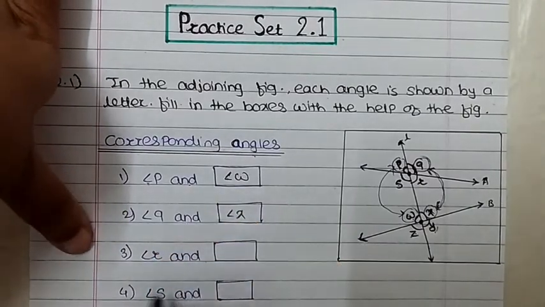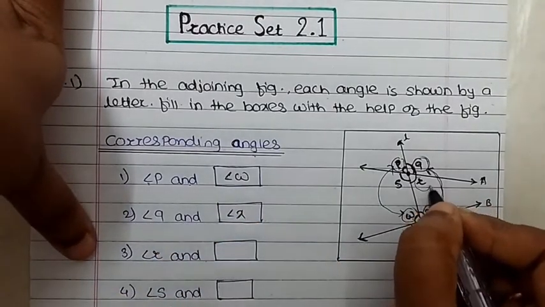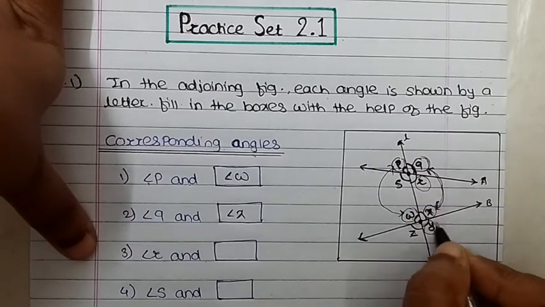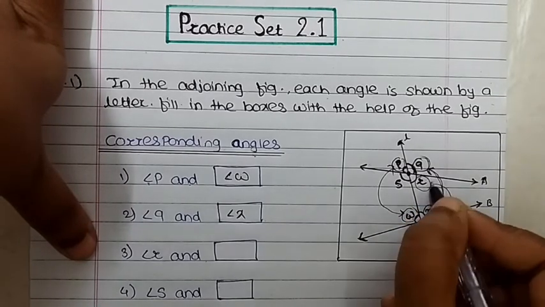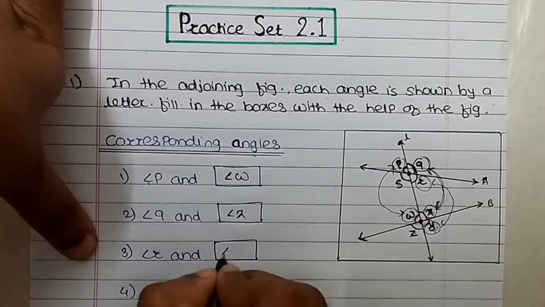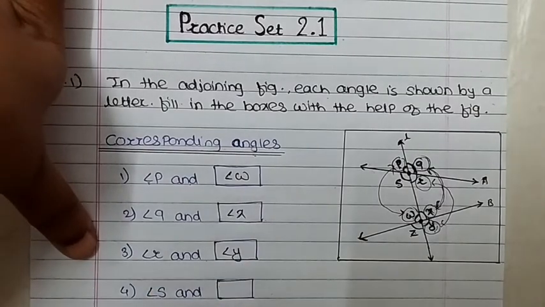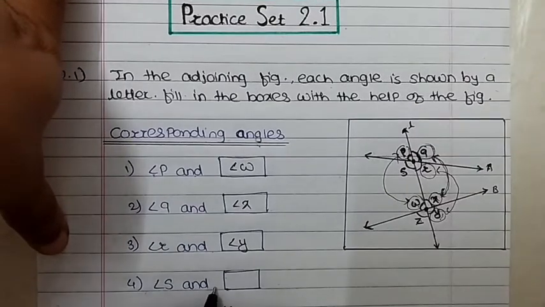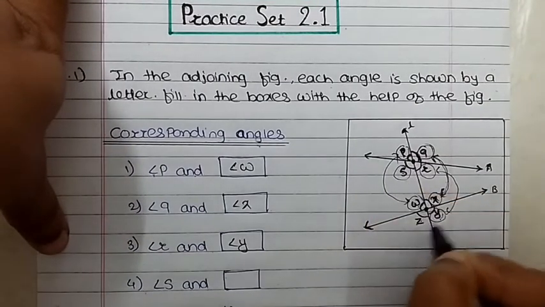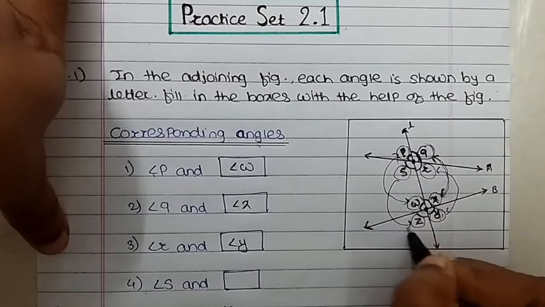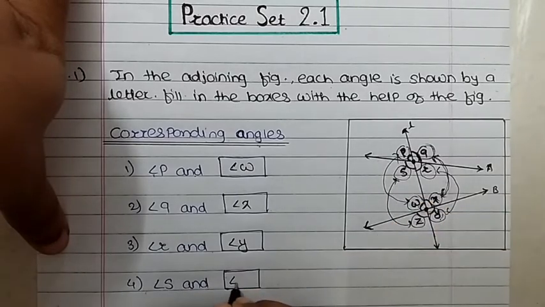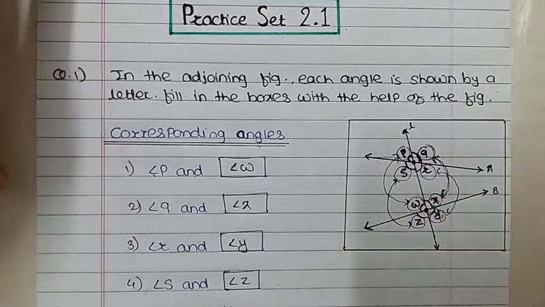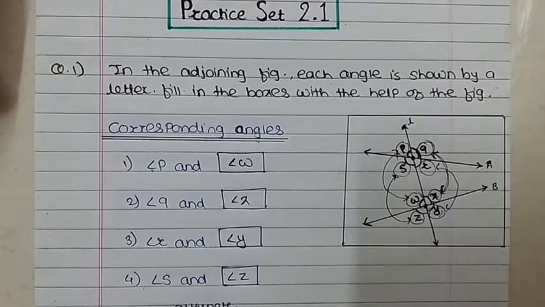Next, R and Y, so R and angle Y. Then angle S and angle Z, so angle Z. Understand this? These are the corresponding angles made by this figure.